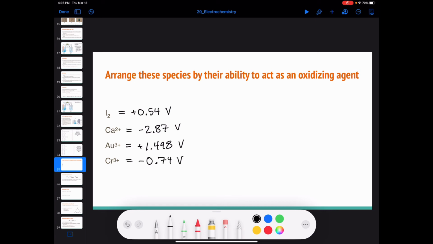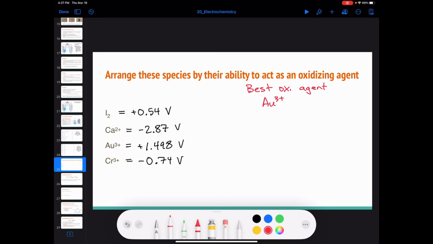Okay, so looking at these, my best oxidizing agent is going to be something with a very high reduction potential, right? So it looks like, in this case, gold is the highest, right? It really, really, really wants to go from gold and be reduced into gold metal, okay? Which makes sense because gold doesn't like to dissolve and form an ion.